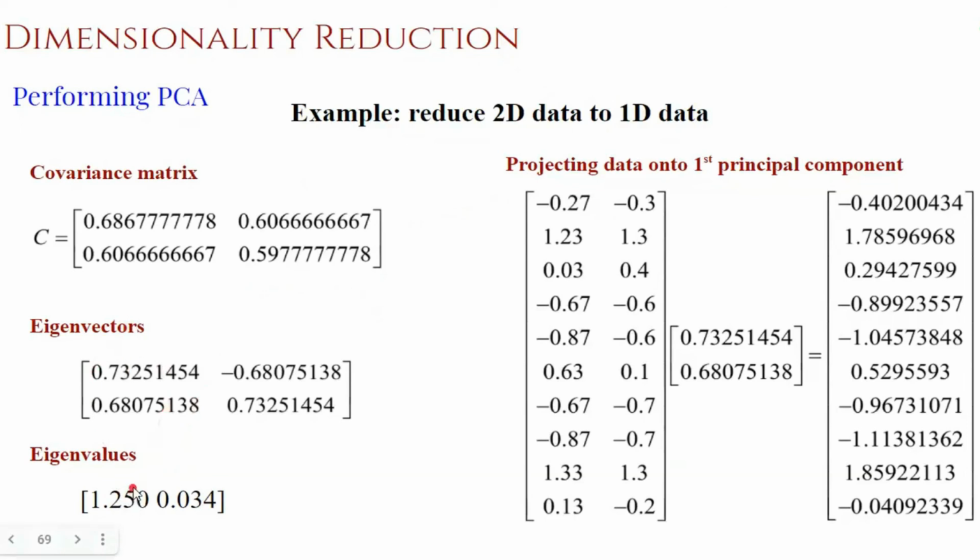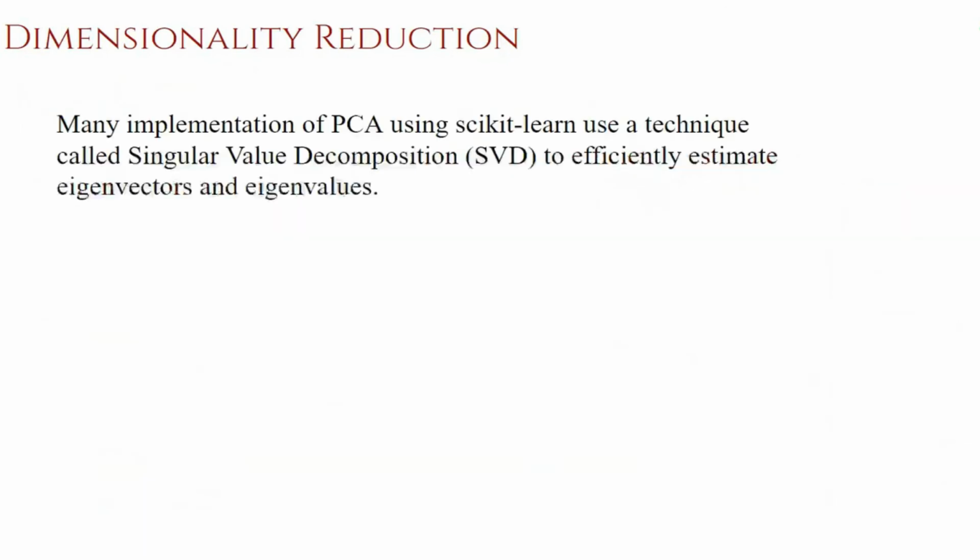If we say reduce it into 2 dimensions, then we go to the 2 largest eigenvalues, pick their corresponding eigenvectors, represent that in a matrix, and then do a matrix multiplication that will reduce it. So if you had a 10 cross 4, and you are picking a 4 cross 2, that will reduce it into a 10 cross 2 matrix. This is the essential intuition or the working principle behind dimensionality reduction that we need to keep in mind. How does dimensionality reduction work?